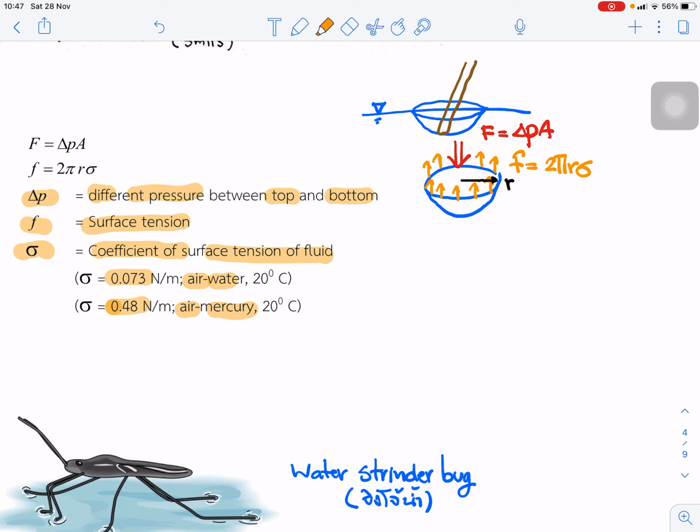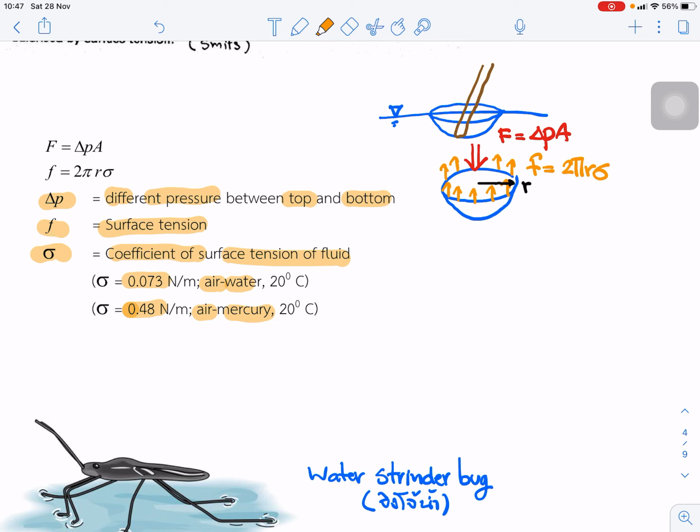So we can write the equation for capital F and small f, and based on the equilibrium equation, summation of force is equal to 0, so the capital F is equal to small f.